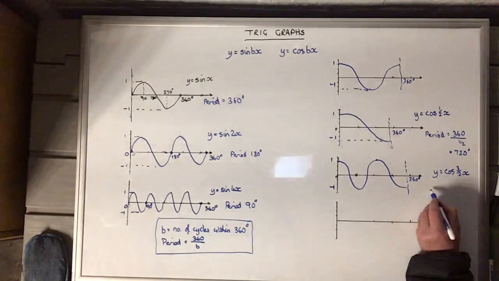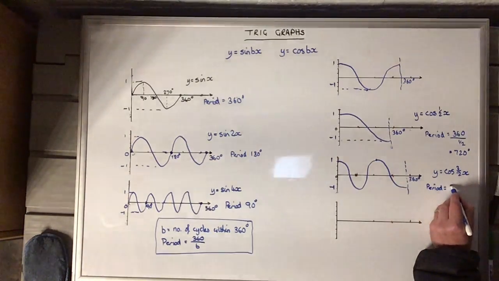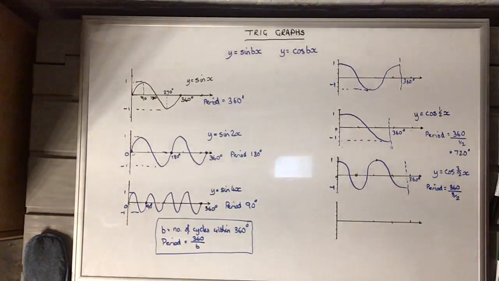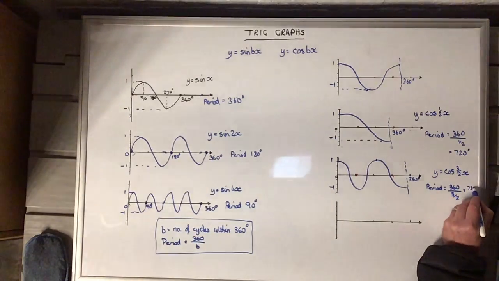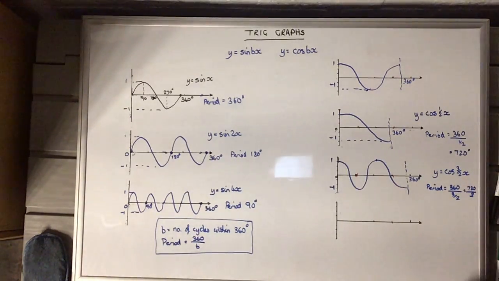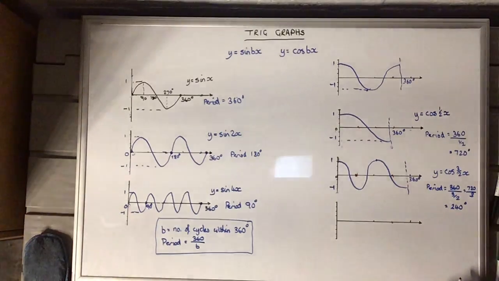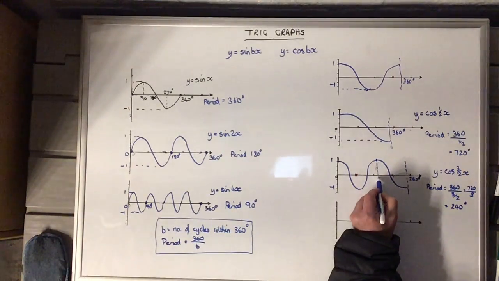And the period of that wave is going to be a wee bit tricky, but it's going to be 360 divided by 1.5, which is 3 over 2. Well, that gives you 720 over 3, and working that out, 3 into 7 goes twice, carry 1, 240 degrees. 240 degrees before it repeats. So that point there, as a complete wave, would be 240 degrees.